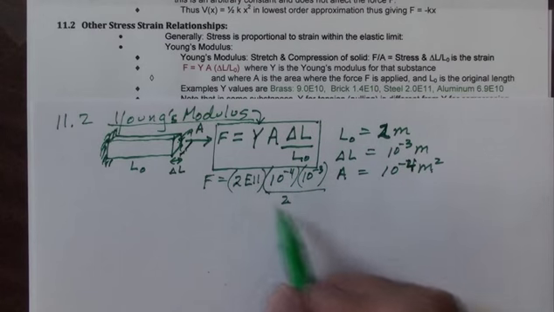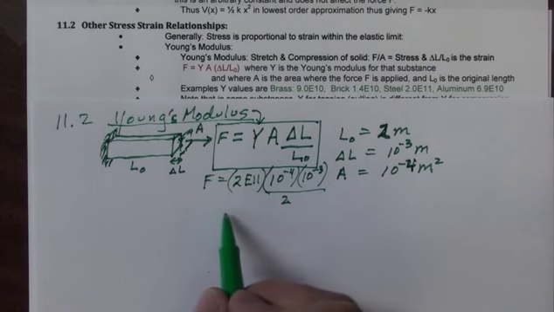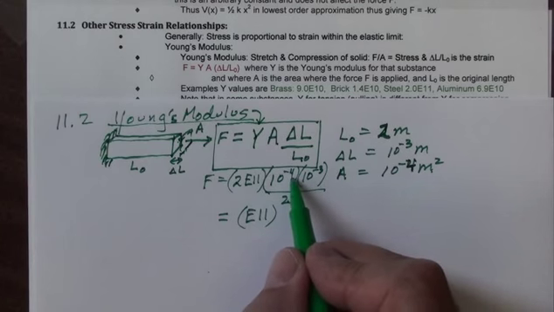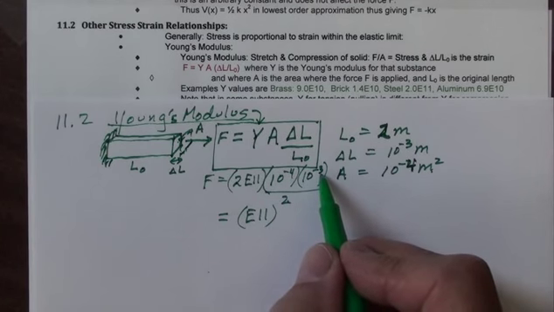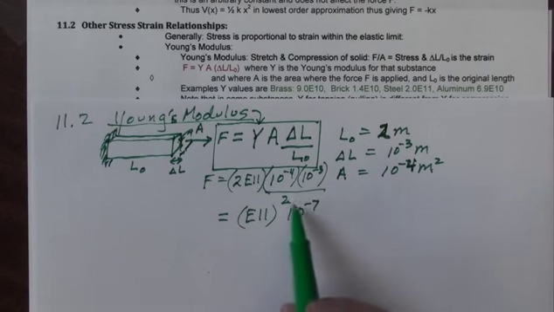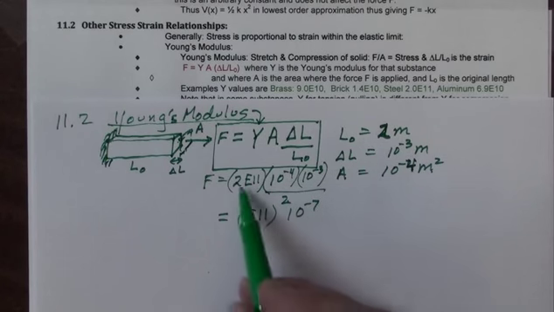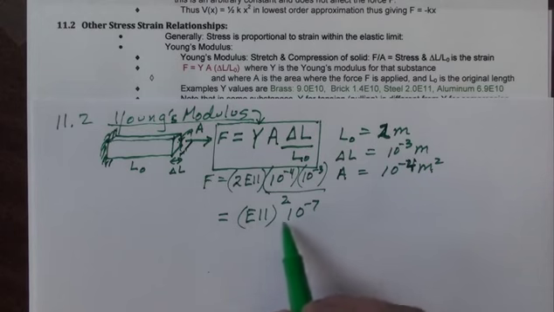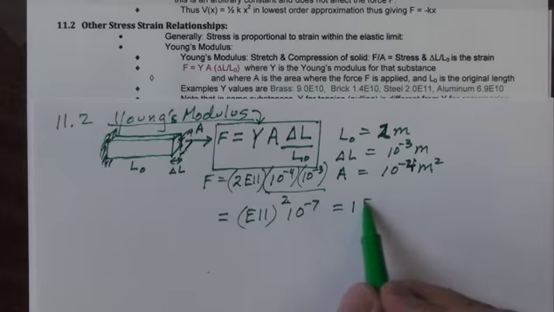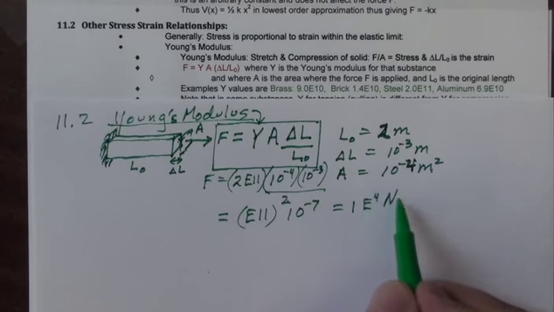Well, the 2 is going to cancel the 2, and we're going to end up with e to the 11th times 10 to the minus 4, 10 to the minus 3, that'd be 10 to the minus 7th. And there's no power down here because this 2 cancels that 2. 7, 8, 9, 10, 11, so this would be 1 e to the 4th newtons.